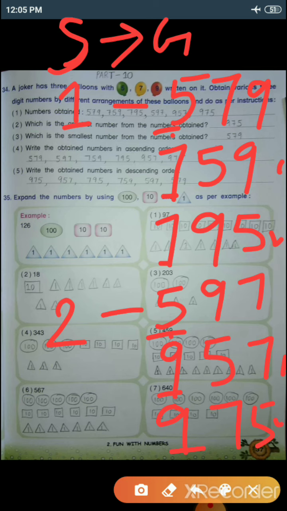Again we are concentrating on the first digit. So 7 and 7, 9 and 9. Which one is the smallest? 7 and 7. So again we have two numbers, 759 and 795. Let's see the second digit, 5 and 9. Which one is the smallest? 5.